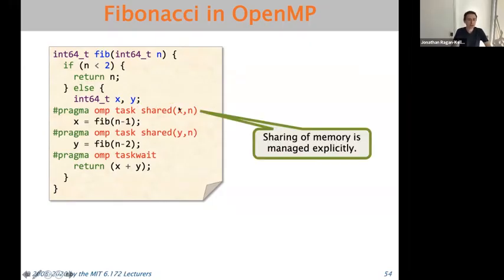And then this shared directive says that this task isn't just the call to fib, it's the call to fib and then the assignment of that to the variable x. So here we're saying that the variables n and x, we have to do some kind of synchronization to make sure that these are safe to share between the parent thread and the child threads, because we're sharing those stack variable values in memory between the different threads.